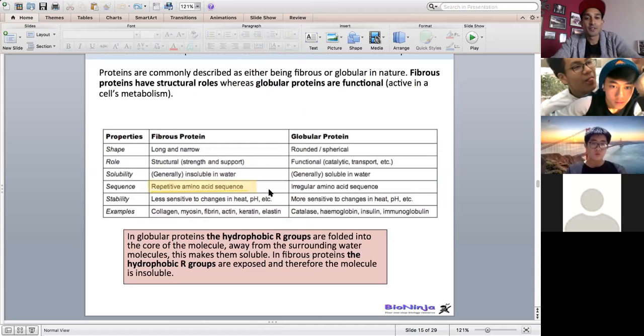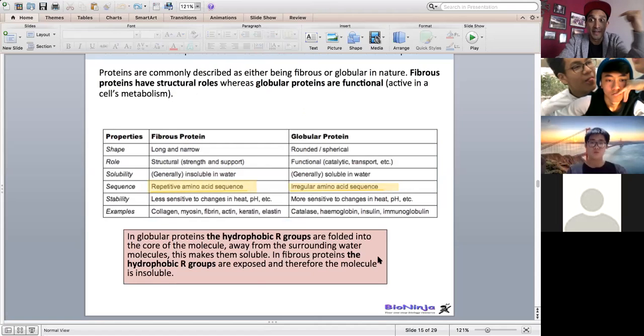So you have the same amino acid sequence over and over and over, which makes it this longer protein, right? Versus an irregular amino acid sequence, which means you have a random mixture combination, which is likelier to just fold up into a crazy glob, right?